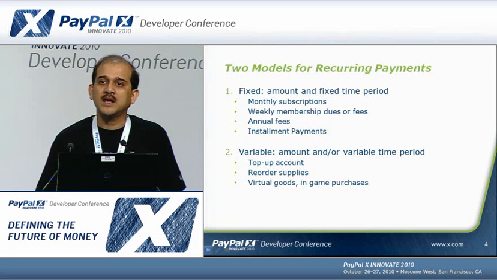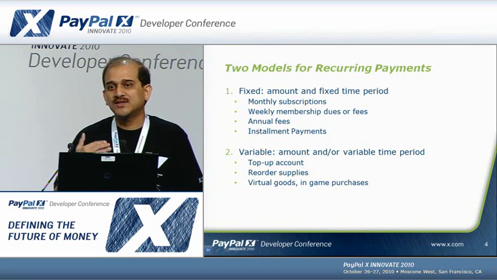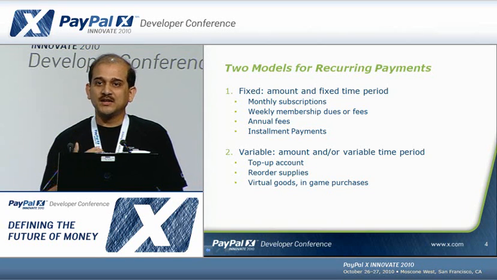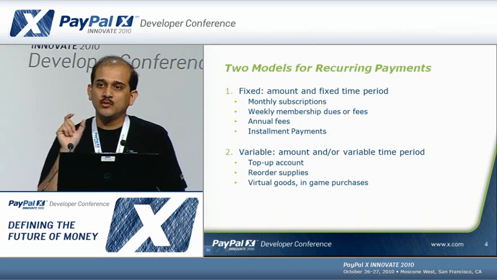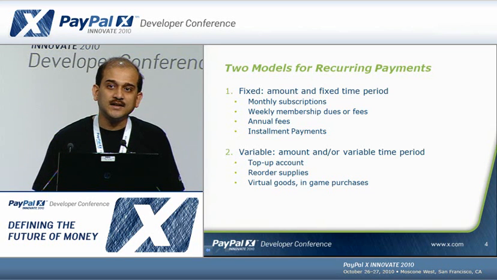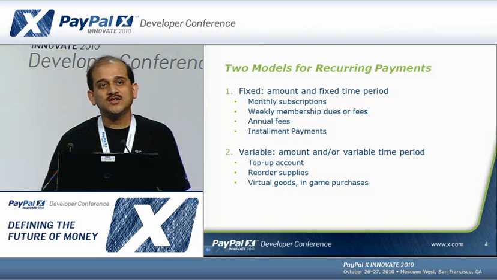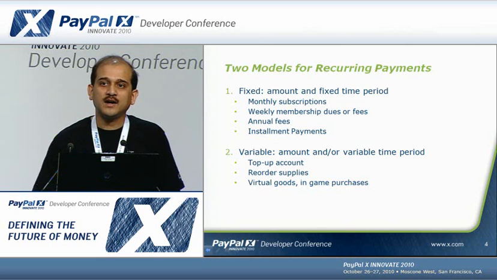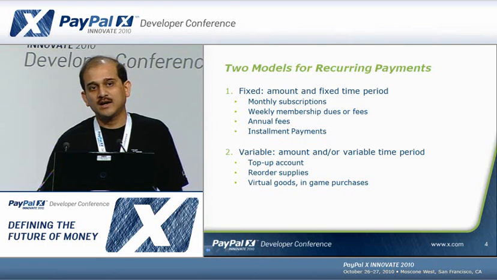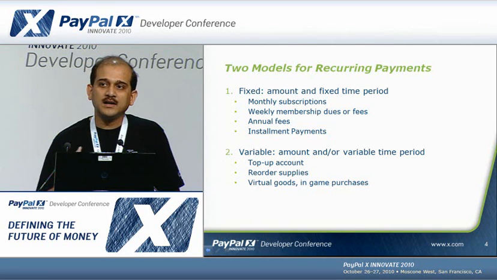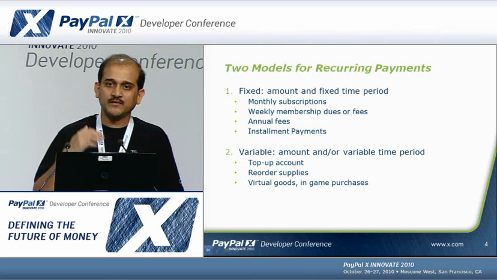We have various different APIs that allow you to set these recurring payment profiles. Once you set a profile with us, you will be given a unique profile ID, and then you can use that profile ID to make changes to the profile. You can update it, you can cancel it, and you can do various other things. The recurring payment profile API has a bunch of different parameters.